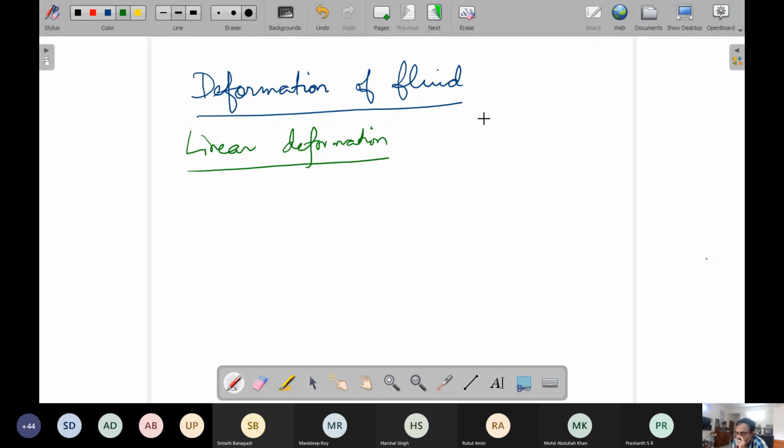But if we have maybe an identified volume and element of fluid, and that volume element is deforming in volume, shape, etc., then that we can physically associate with deformation. Therefore, identifying a fluid element for deformation is a key.